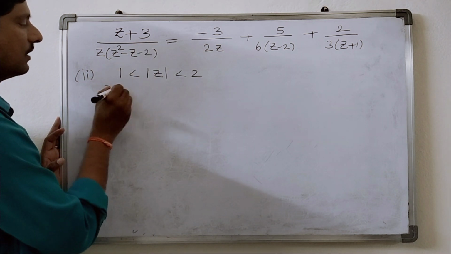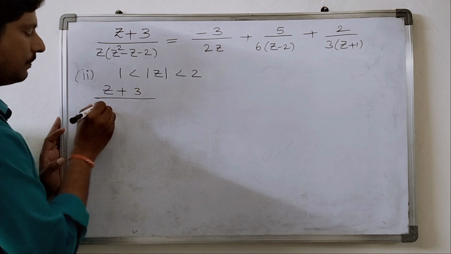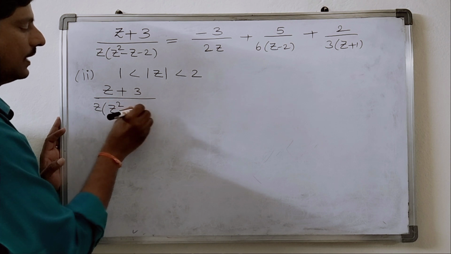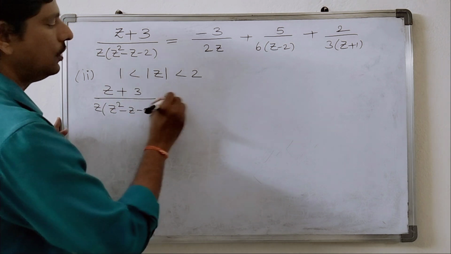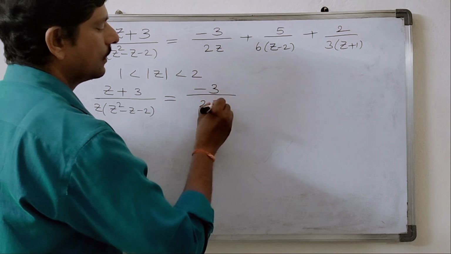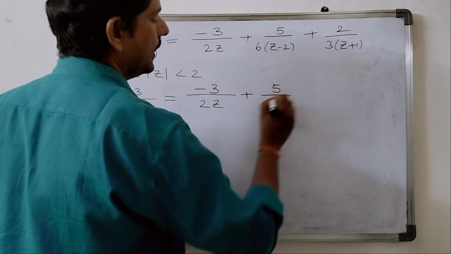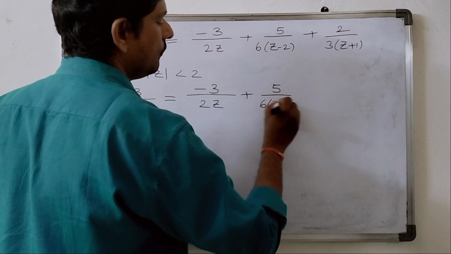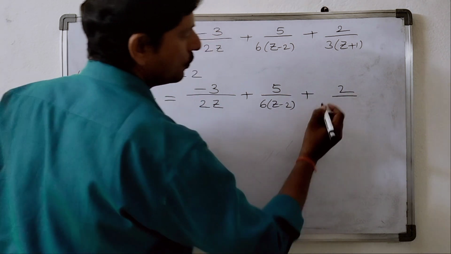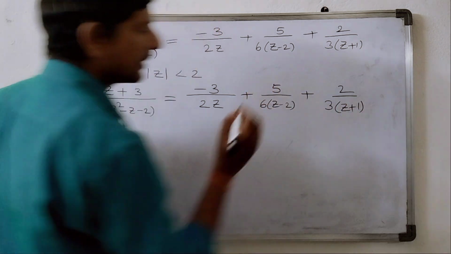So first we definitely take the given function, z plus 3 by z into z square minus z minus 2, that is equal to minus 3 by 2z plus 5 by 6 of z minus 2 plus 2 by 3 of z plus 1.